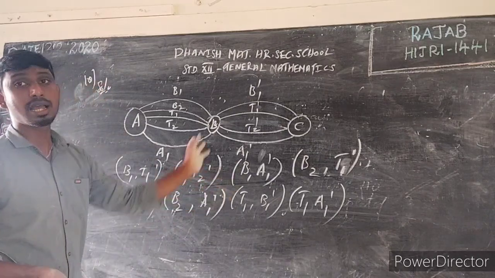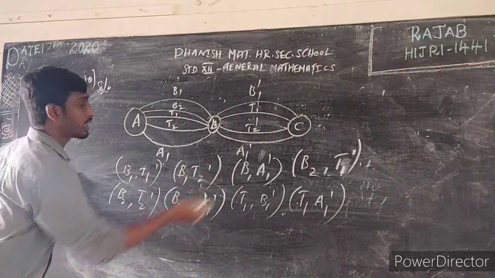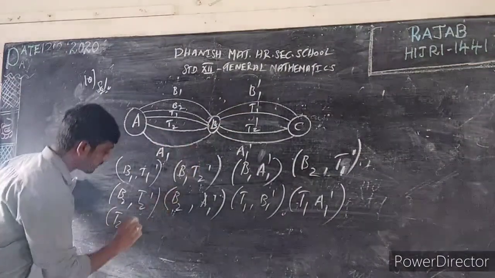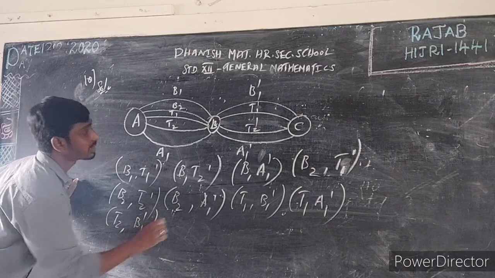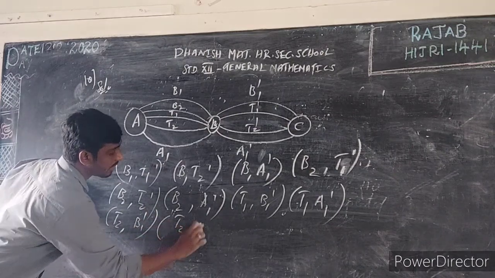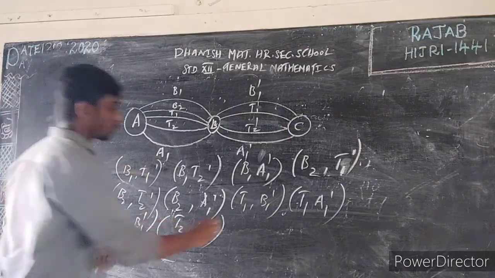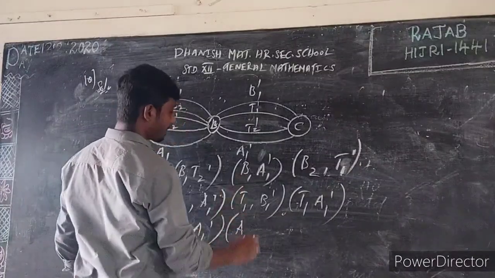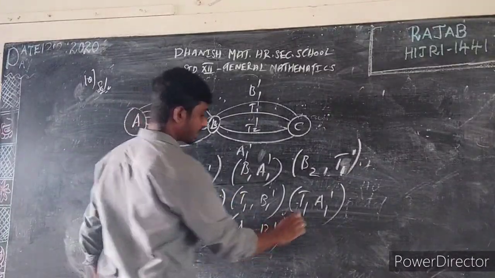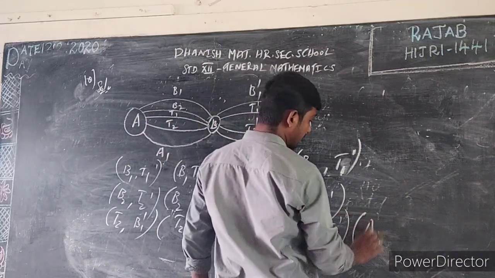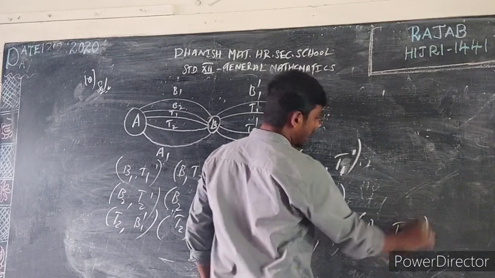That's why we are using another mode of transportation. So T2, comma, B1 dash, then T2, comma, A1 dash here. So now comes A1 here. That is A1, comma, B1 dash, A1, comma, T1 dash, then A1, comma, T2 dash.